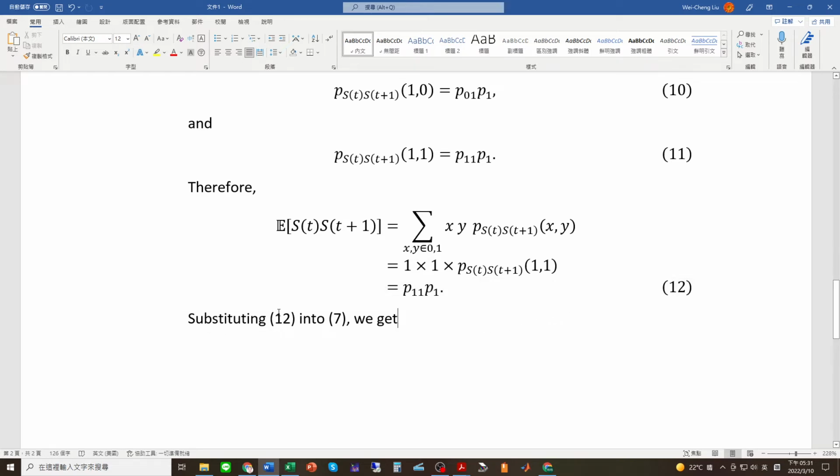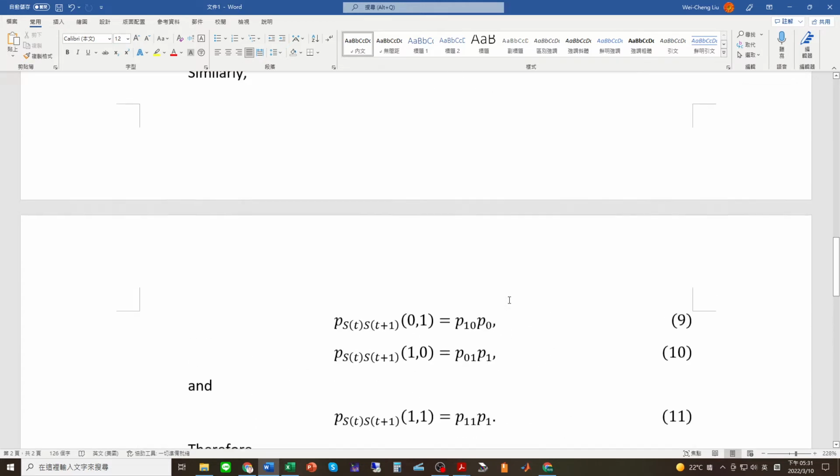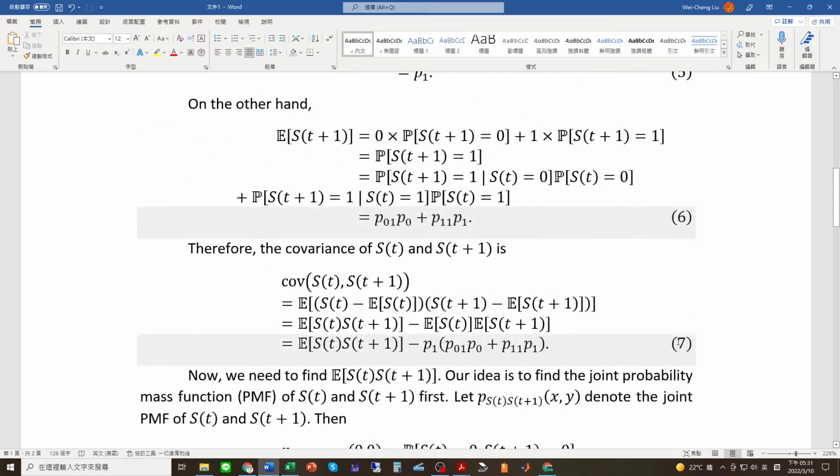Substituting equation 12 into equation 7, we can see that equation 12 is this equation, and equation 7 is this equation.